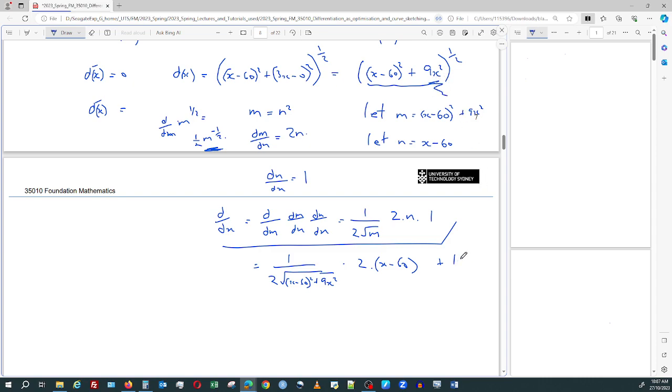So that's just 18x. So the chain was needed for the bits inside, but we were able to do that.